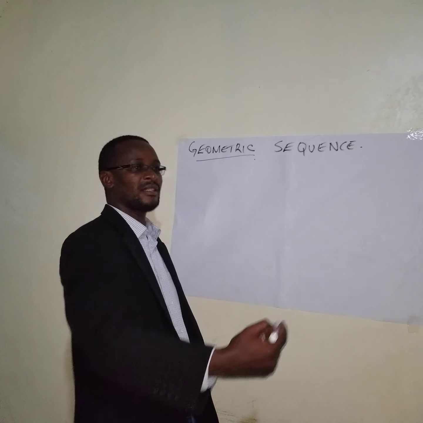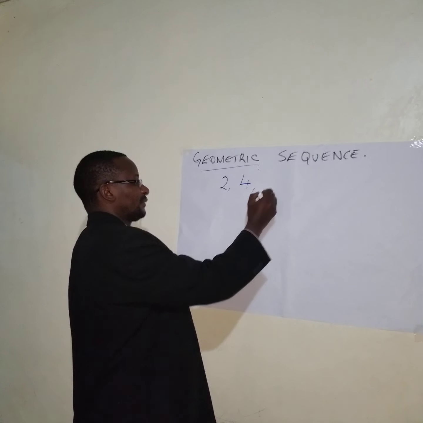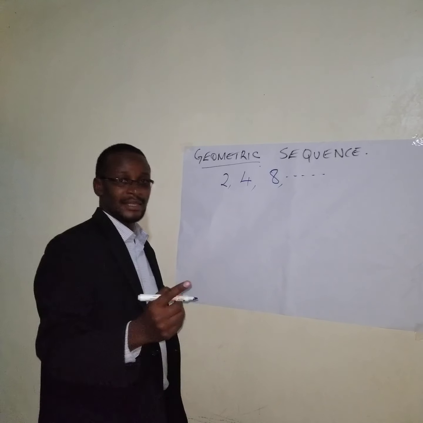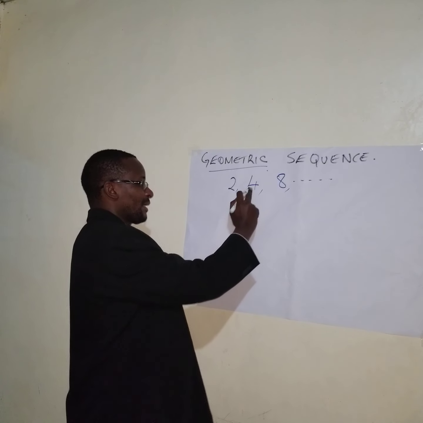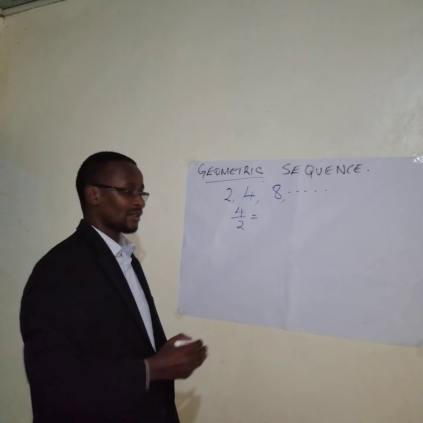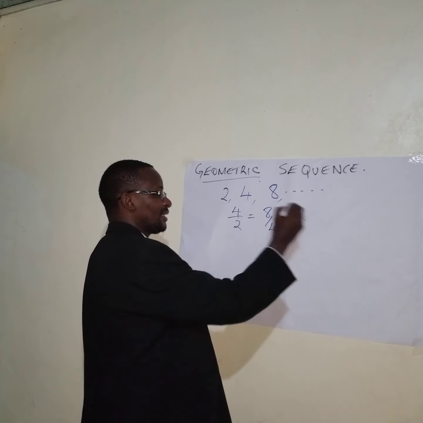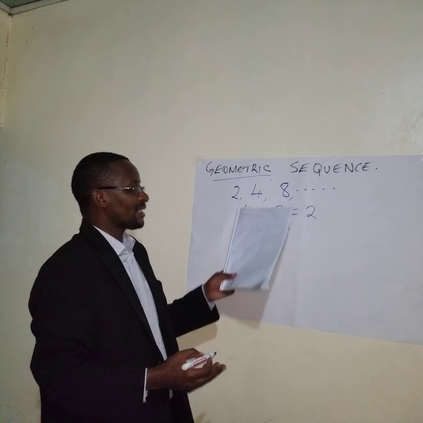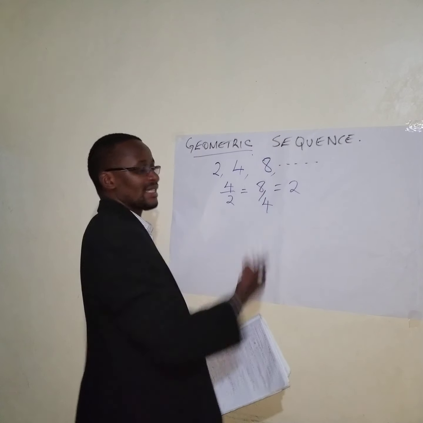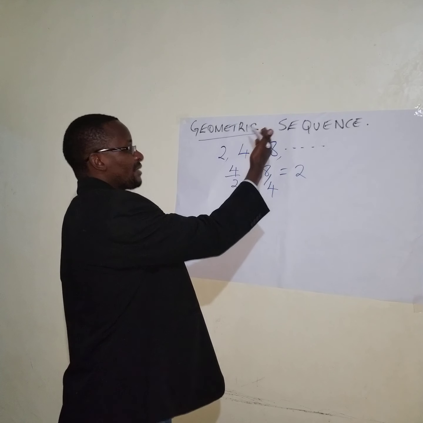So if you have one like 2, 4, 8, the ratio of the second to the first term, we normally start with second to first, 4/2, will also be equal to 8/4, and you can see it is 2. So this one is a geometric sequence because the ratio is constant. You can know the next term will be 8 times 2, which is 16. So if the ratio is constant, then that is known as a geometric sequence.